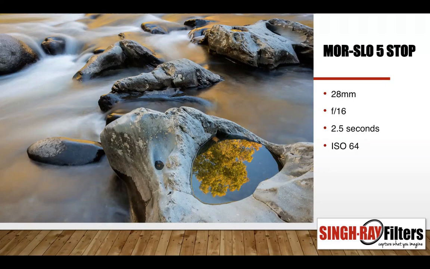And as you can see in this particular image, again, 2.5 seconds was enough, using the slower 5-stop filter. Again, these are fairly bright conditions I'm working in, even though I'm in the shade, and I'm still able to get a 2.5 second exposure.